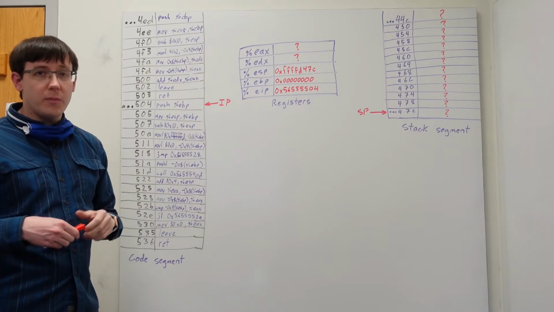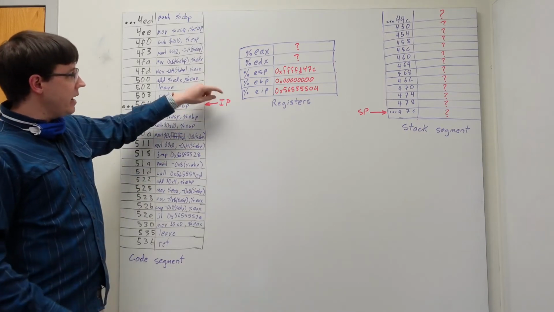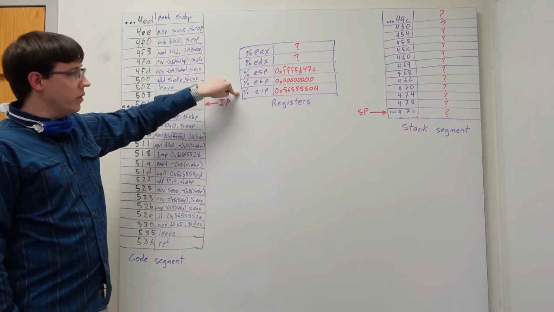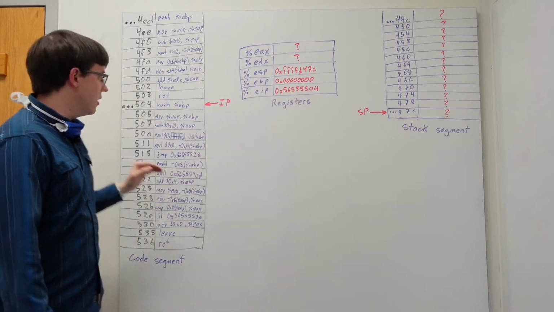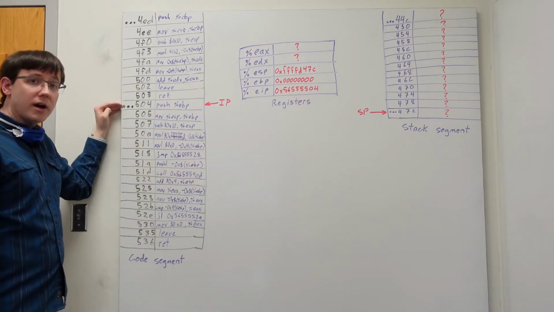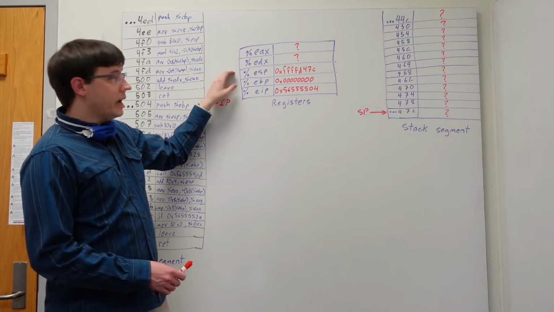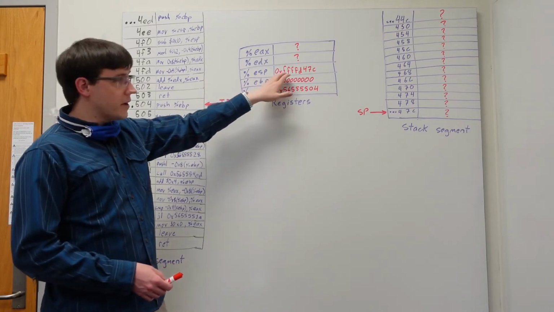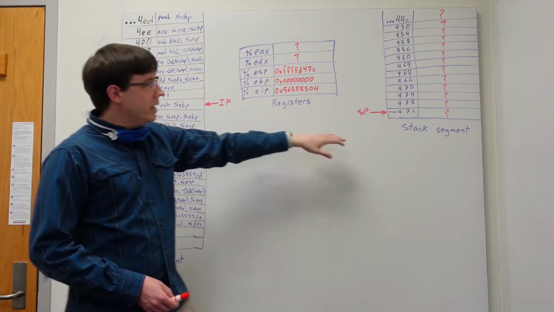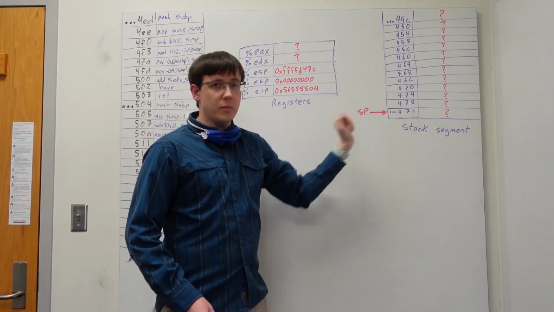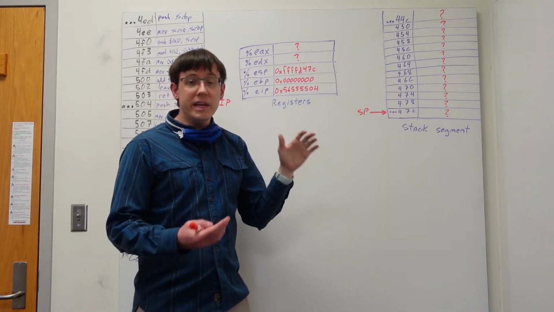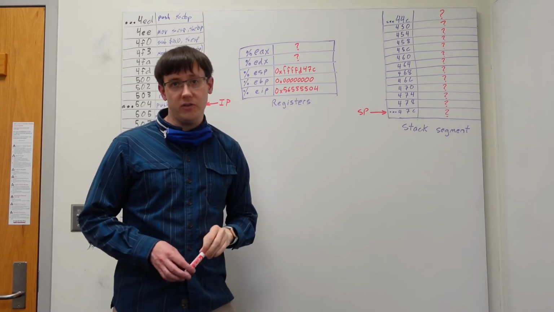When our program arrives at the start of main, we have the instruction pointer storing the address of the first instruction of the main function. And our stack pointer is storing a very large 32-bit value, and so this stack segment of memory is near the end of the program's address space.